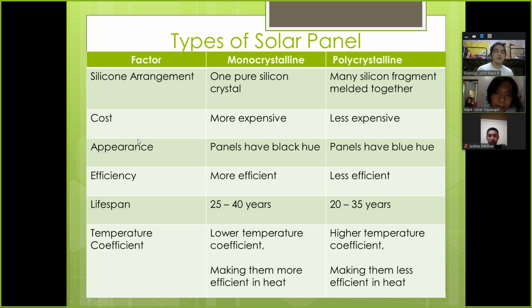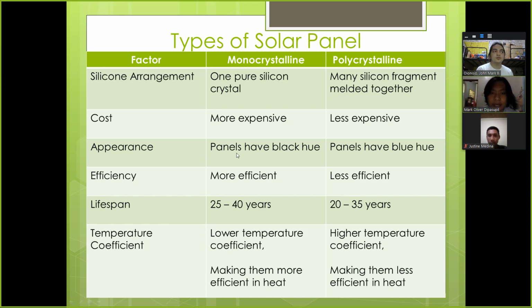So, sa cost, ano yung pinagkaiba? Yung monocrystalline, more expensive, kasi isang piraso lang. Unlike dito sa polycrystalline na less expensive kasi pira-piraso lang siya na pinagdikit. Sabihin natin na parang recycle lang yung mga pinagtabasan na monocrystalline. Now, appearance. Paano ma-distinguish kung which is which?